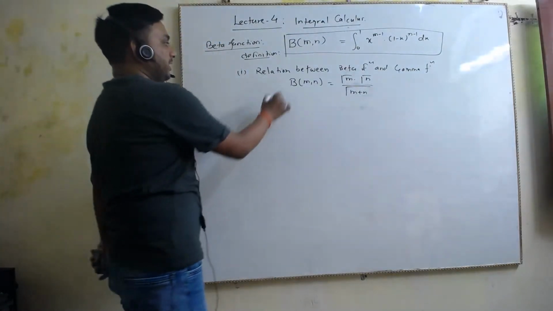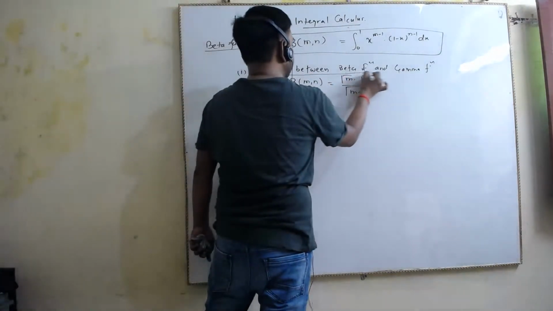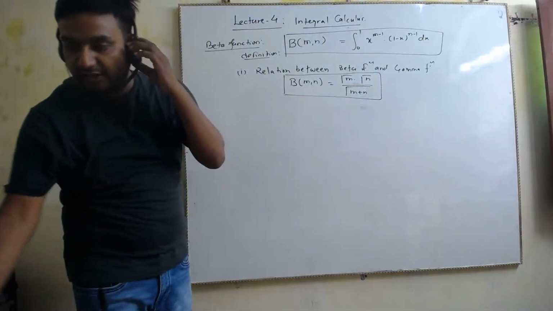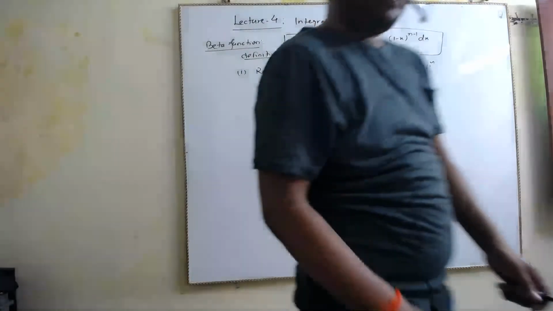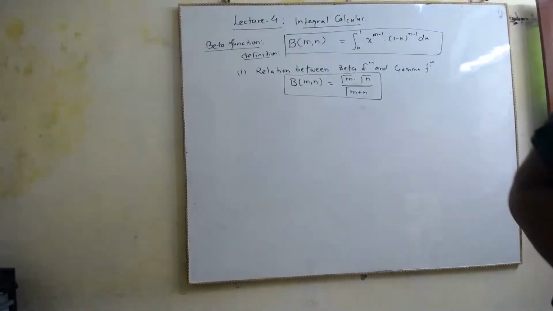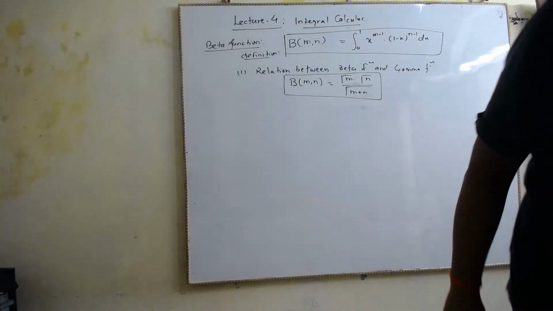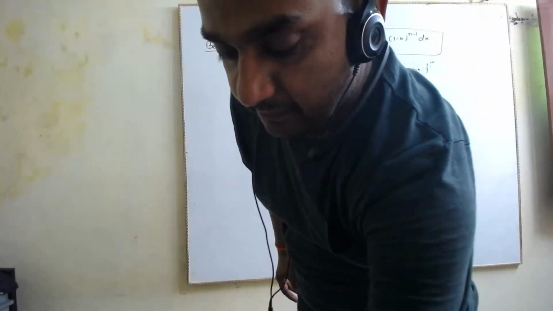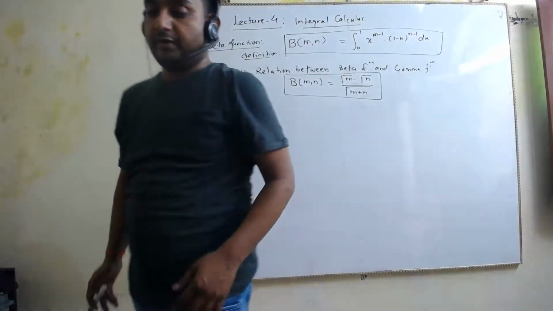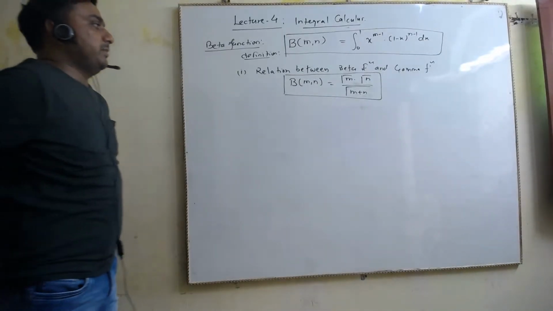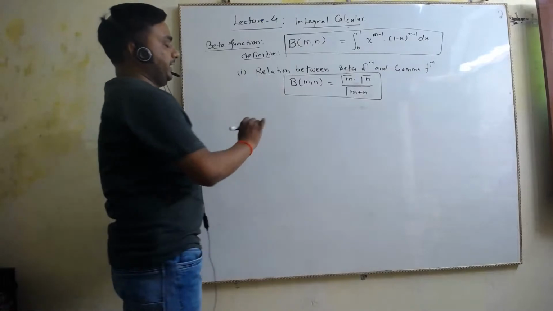That is the relation we have to remember. Just let me connect the battery. Just wait a minute. So the relation between the beta function and the gamma function is defined like this.